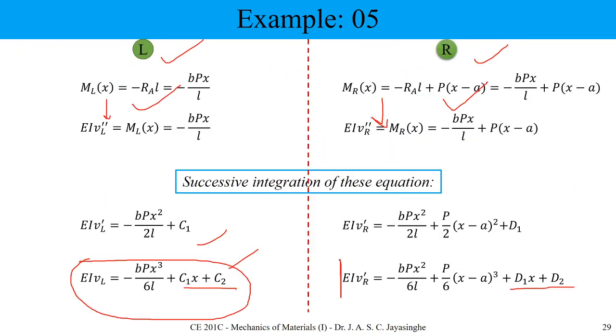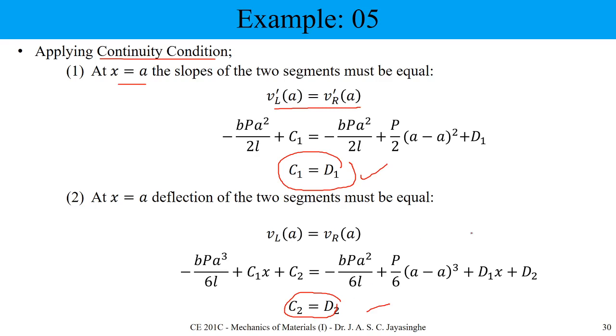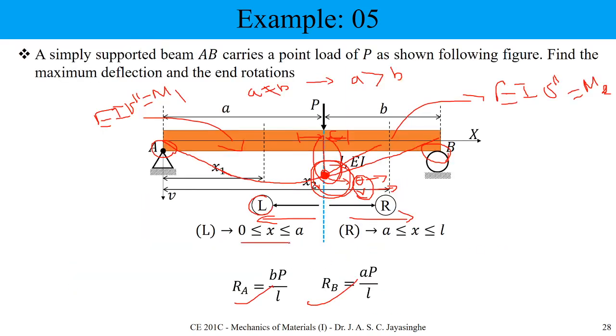So you need to be careful about the sides. Based on your domain you need to select. If it is within this range, you need to work with left equations. In this range you need to work with right side equations.